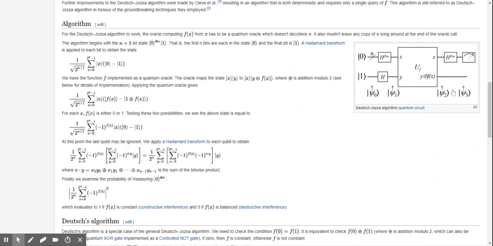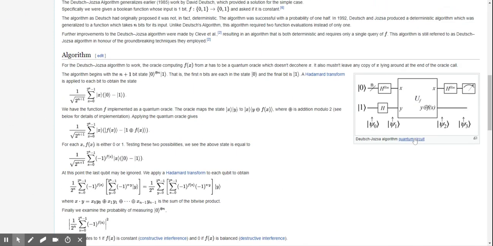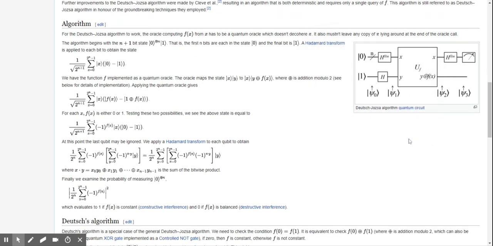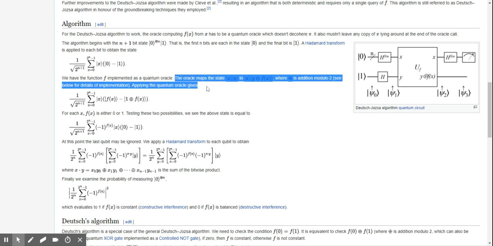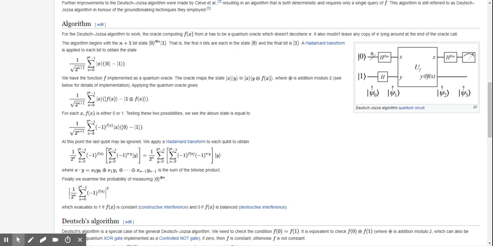This is the Wikipedia page, and this is what the schema of the circuit looks like. Maybe I was talking about this before and not showing it because I was recording the tab, not the screen. So this is when I said that I cheated, because I was reading this part in here.